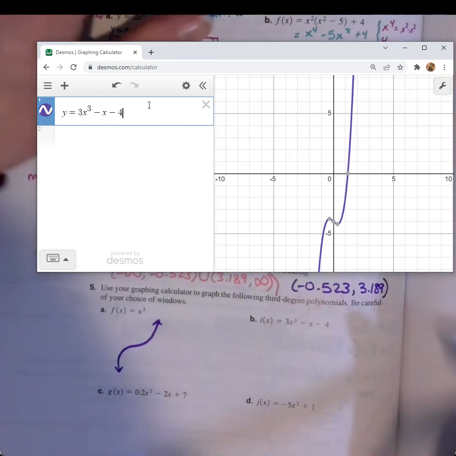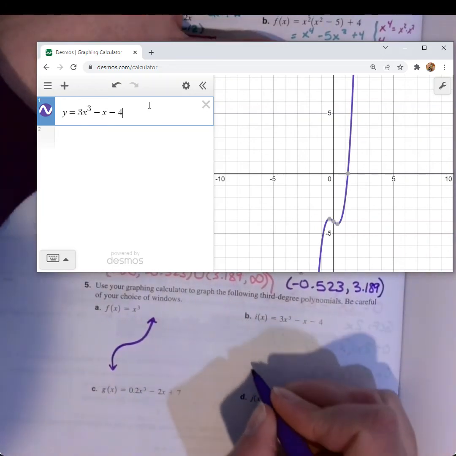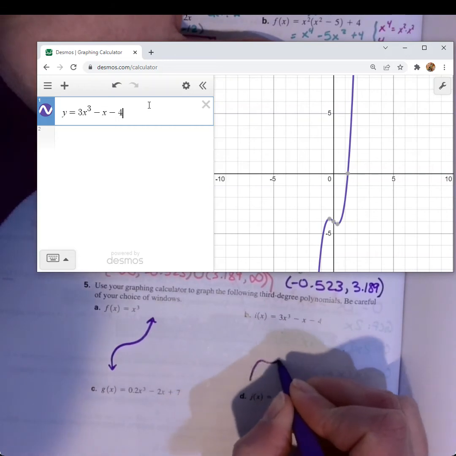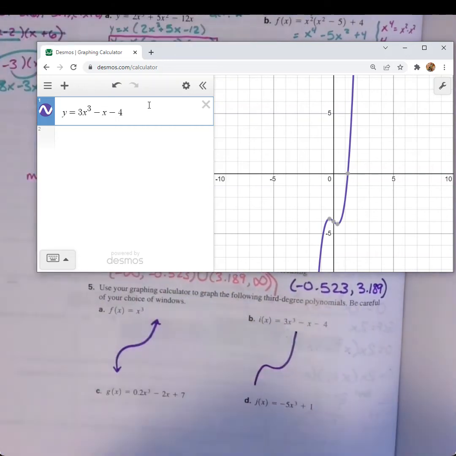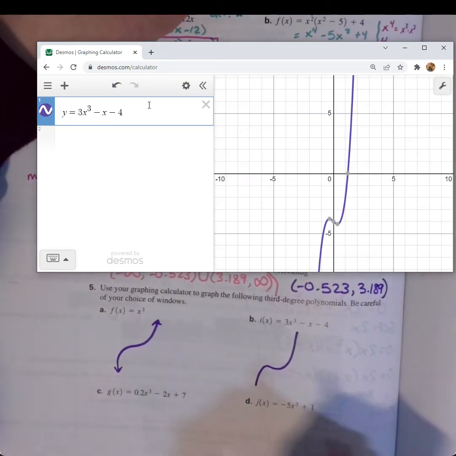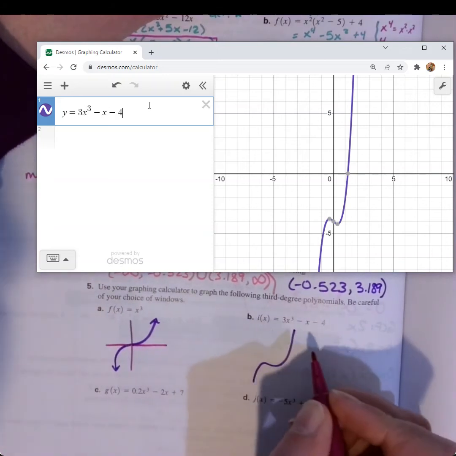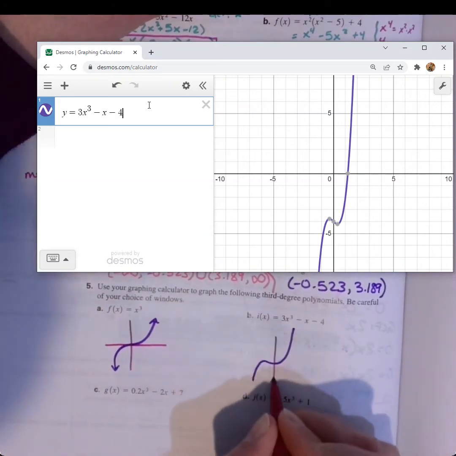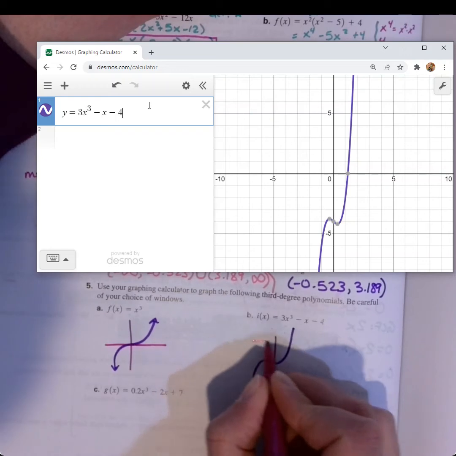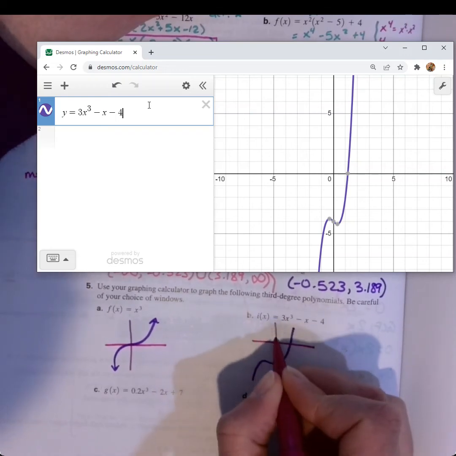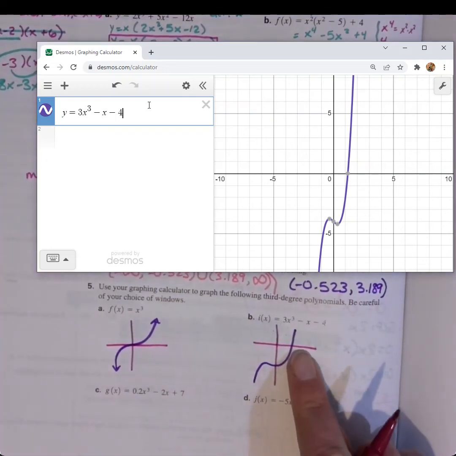Okay, so this one, I'm going to add a teeny tiny bit of details because I want to talk about how many x-intercepts and stuff it has. So I guess I'm going to stick some axes in here, like this. Okay, so this one's got 1 x-intercept.